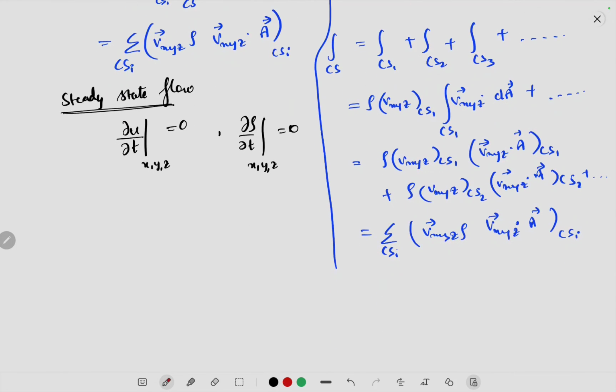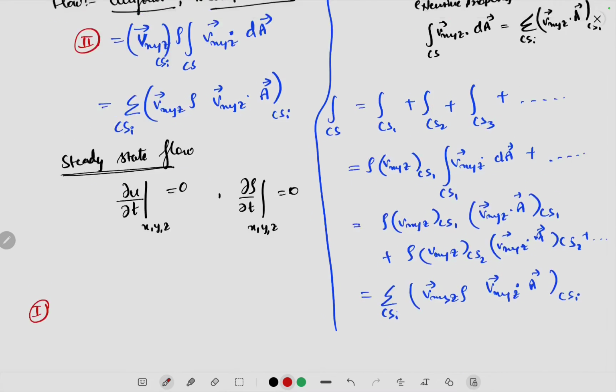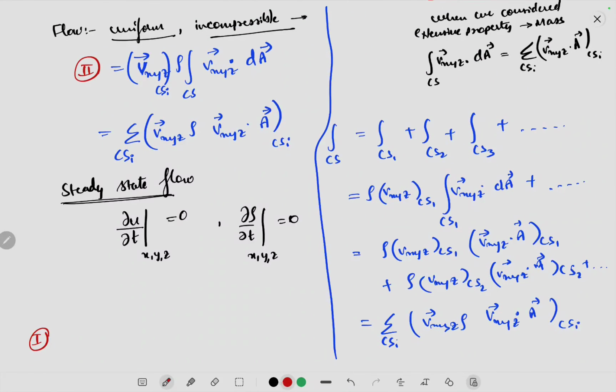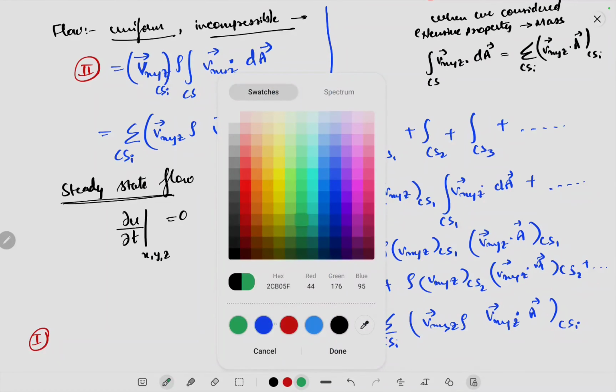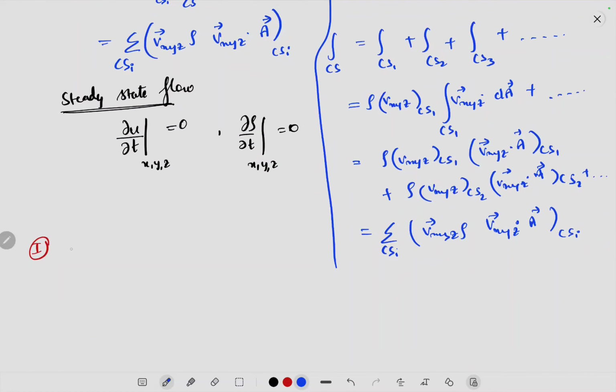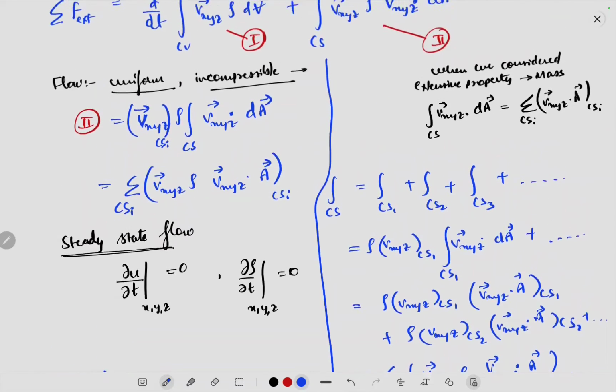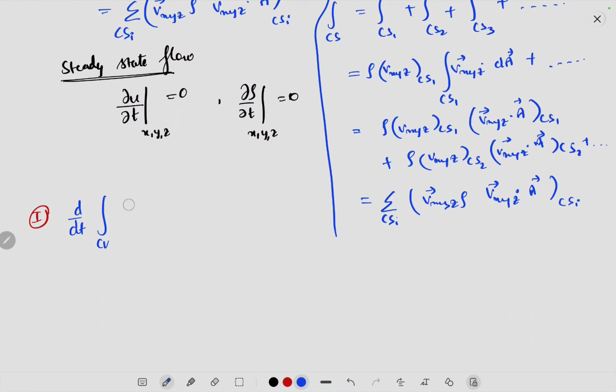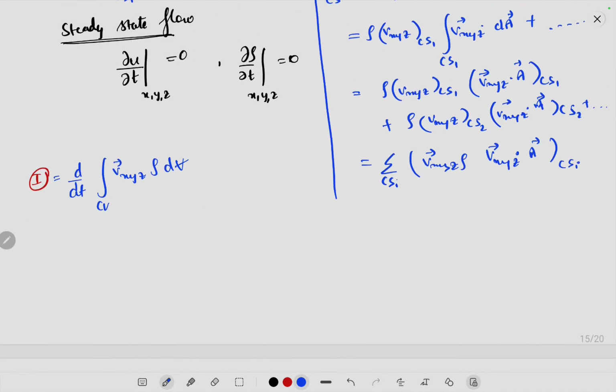So let's consider one. So one is d by dt integral over control volume Vxyz rho dV. Okay, this is one. All right.